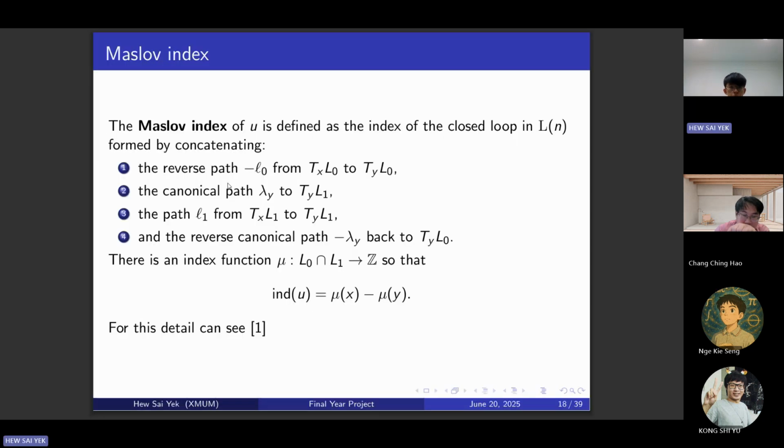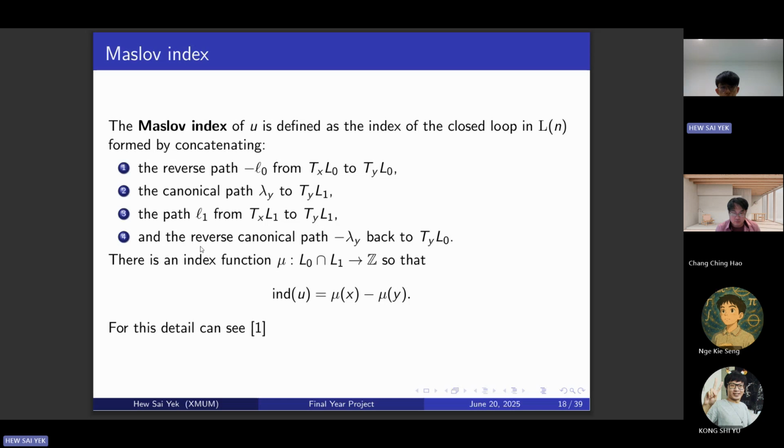Then by combining the four paths, we get a loop. First, we have the path L0 from T_x L0 to T_y L0. Next, the canonical path lambda_y goes from T_y L0 to T_y L1. And the path L1 goes from T_x L1 to T_y L1.